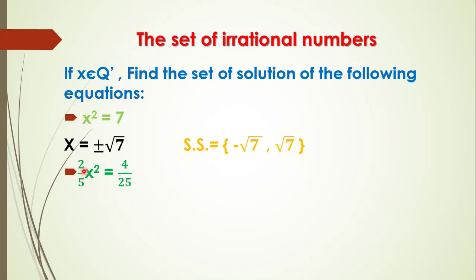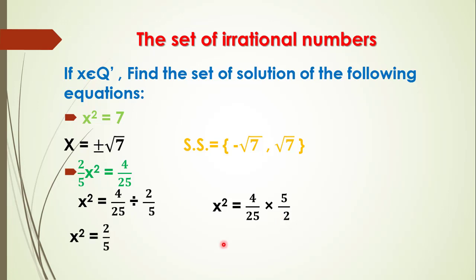The next one, 2 over 5 x power 2 equals 4 over 25. So I want to divide by 2 over 5, the coefficient of x. Dividing by a fraction means multiplying by 5 over 2. So x power 2 equals 4 over 25 times 5 over 2. It means 2 over 5.